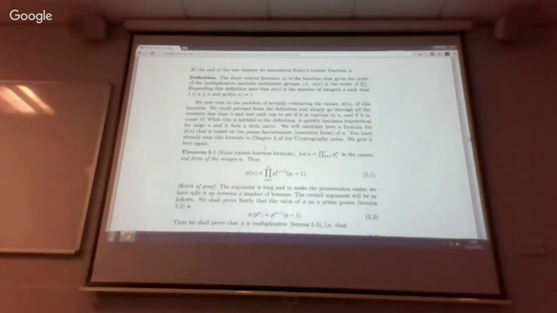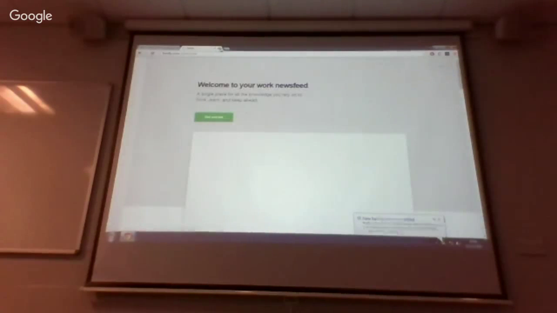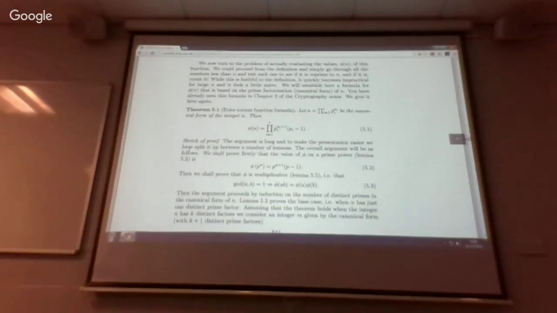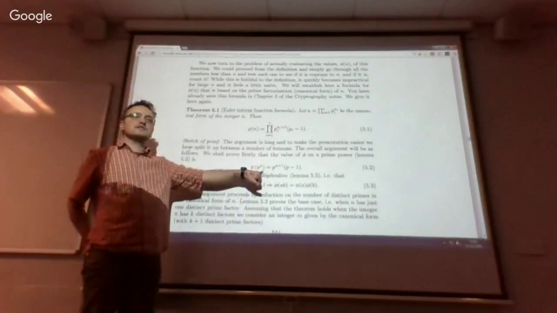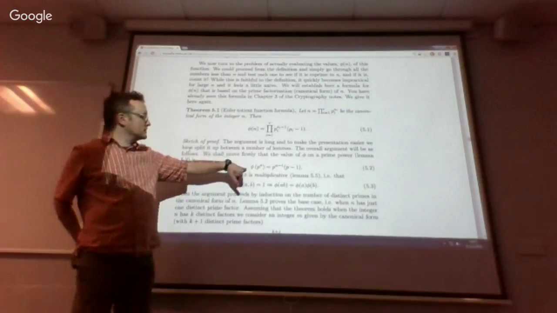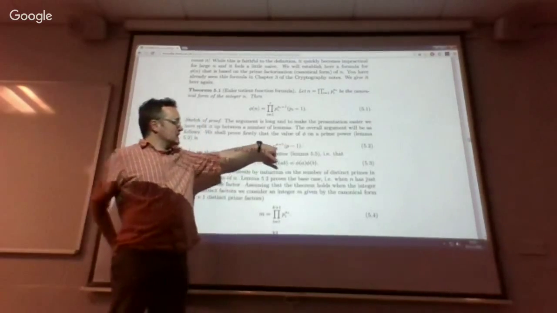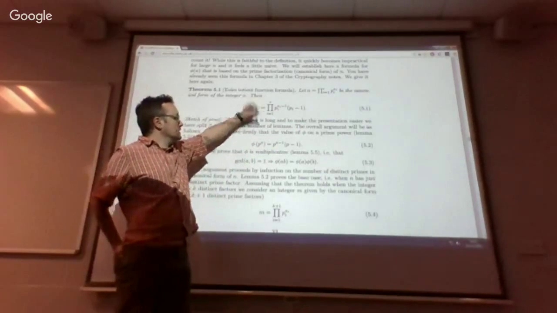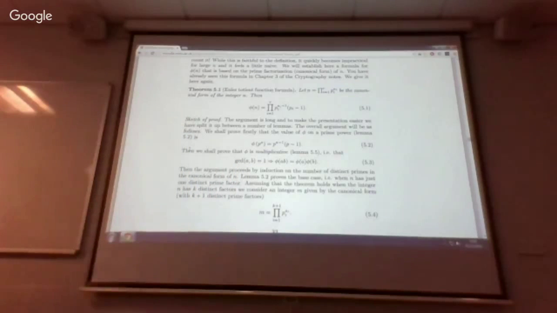Now this took a while to prove. We based it on proving the special case of this formula for powers of a single prime. So we proved that phi of p to the power a was the appropriate value coming from this formula in the special case of just one prime, pi. Then we also proved that the function phi was multiplicative.